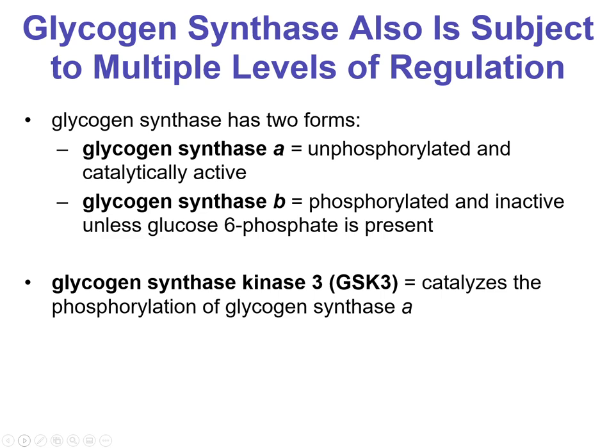So we just talked about how we're chewing up the glycogen. Now we're talking about how we make glycogen. And phosphorylation is the key to all of these things. There's also glycogen synthase kinase 3, which is responsible for phosphorylating glycogen synthase A. So that is the enzyme that will turn off glycogen synthesis.